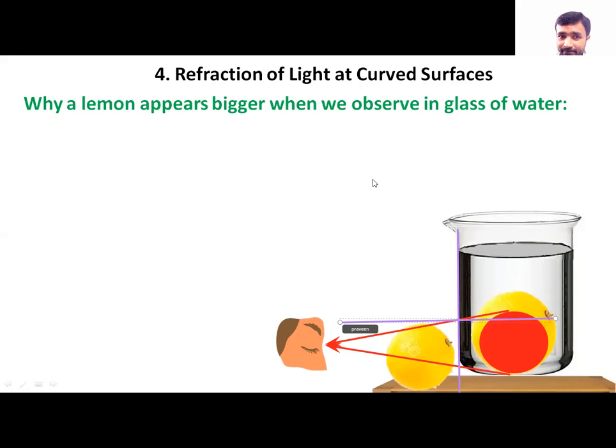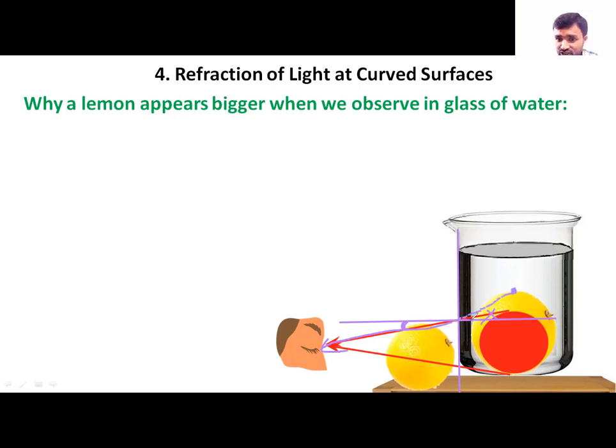Answer me. The light ray bends in which direction? Away from the normal. So here the angle of refraction increases. It bends away from the normal, that light ray you are receiving. So your eye cannot realize this ray. So what can it estimate? It is coming from this spot.